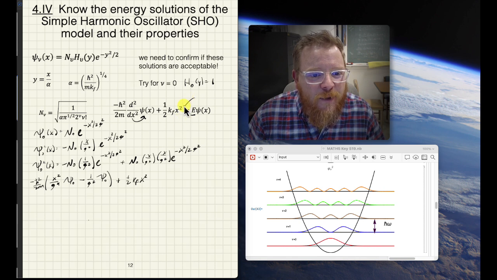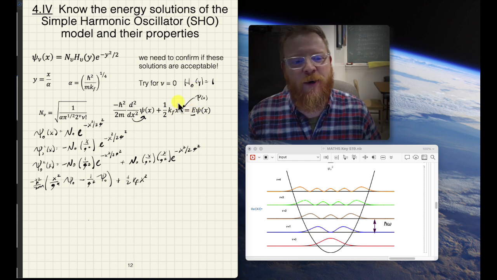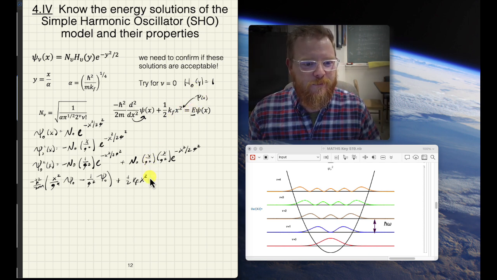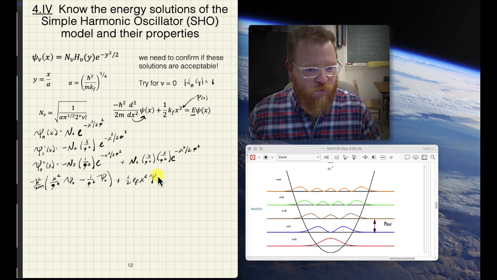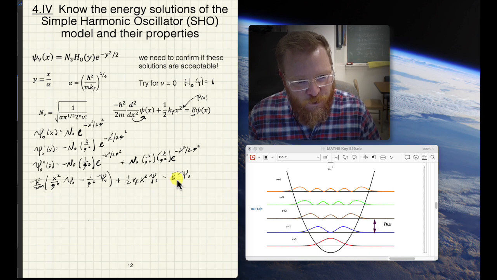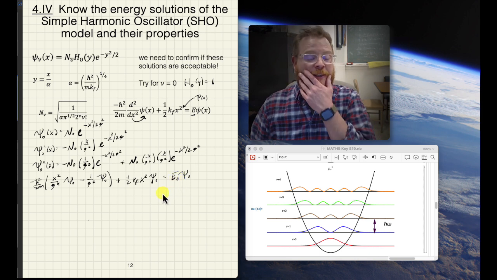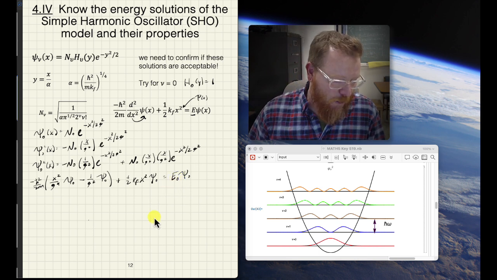Maybe you noticed that. Okay, there's supposed to be psi of x written there, right? The potential energy operator operates also on psi. So we'll just write that as psi of 0, and that all equals E times psi of 0. And we'll note here that this energy solution really is just for nu is equal to 0.